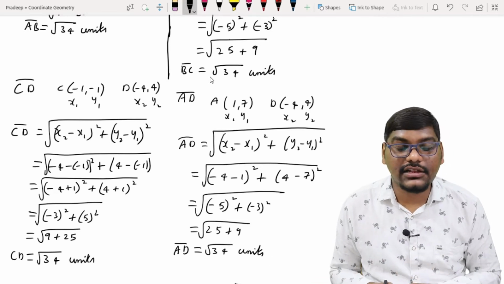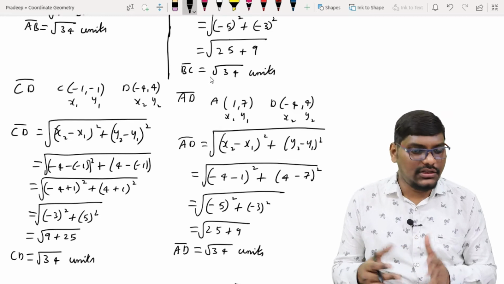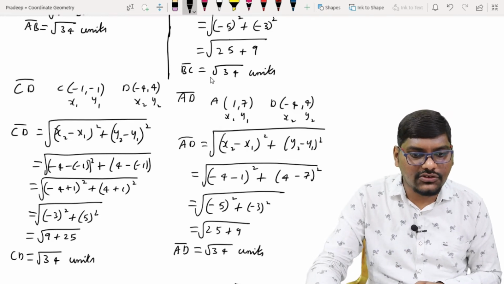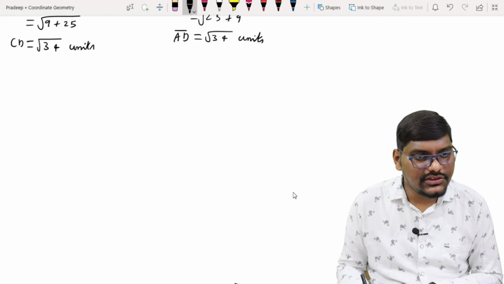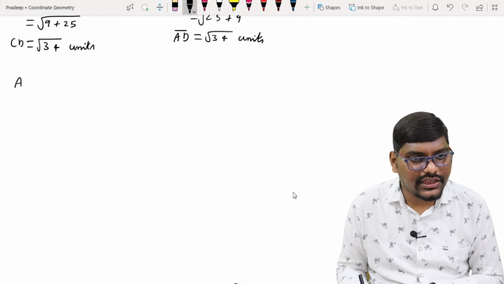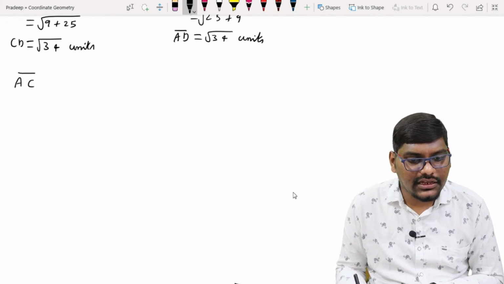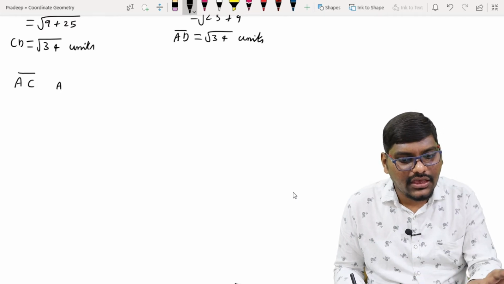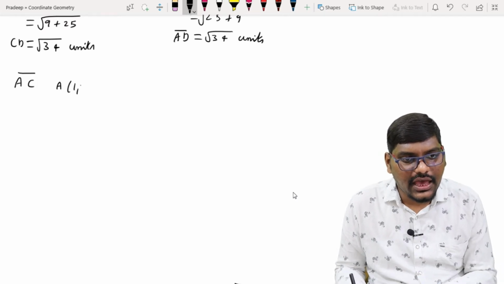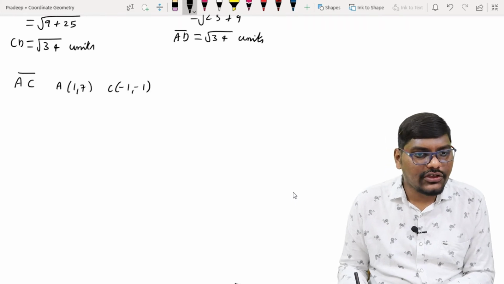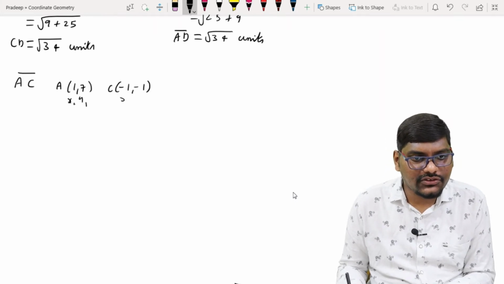Now let's find out the diagonals, where the diagonals should be equal. So let's go forward for the diagonals also. The very first diagonal we can take is AC. For the AC diagonal, the point A is 1 comma 7 and point C is minus 1 comma minus 4, so this is x1, y1, x2, y2.